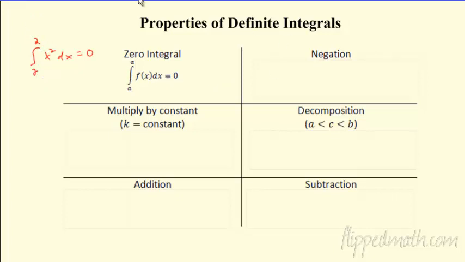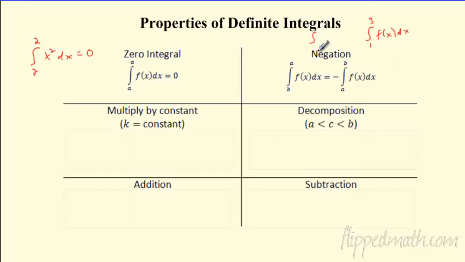How about negation? This is one that'll trip you up if you're not careful. So notice what's going on here. I'm going from B to A instead of A to B. We always go A to B, low to high. Well, I'm going high to low. If that happens, it changes things. You've got to put a negative in front. So if you went from 1 to 3 of a function, that's how we normally do it.